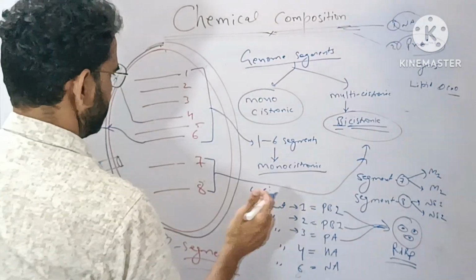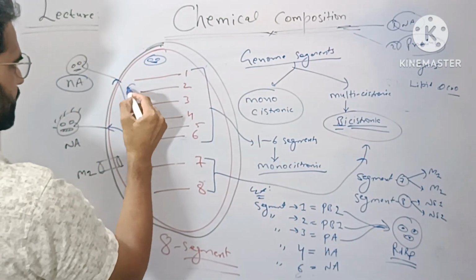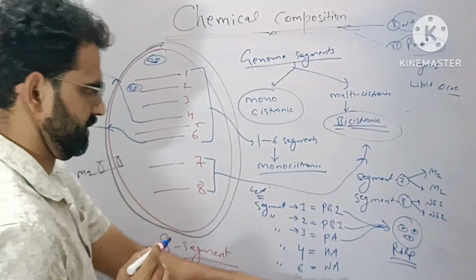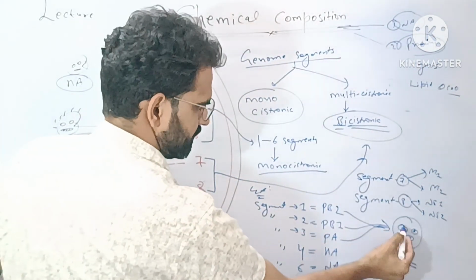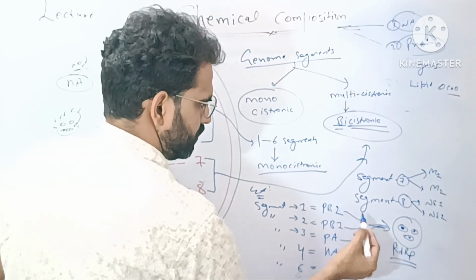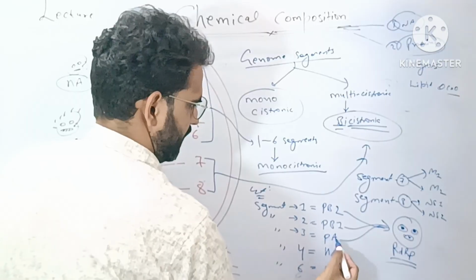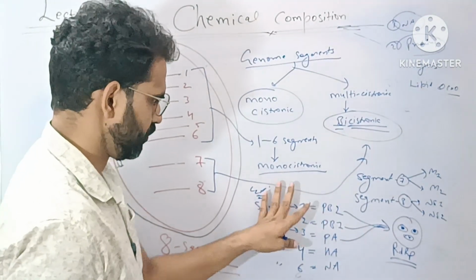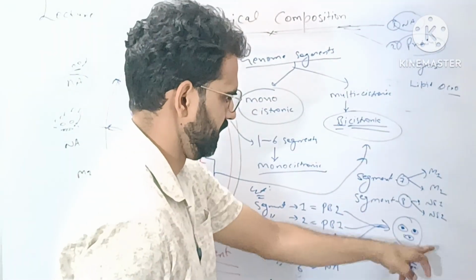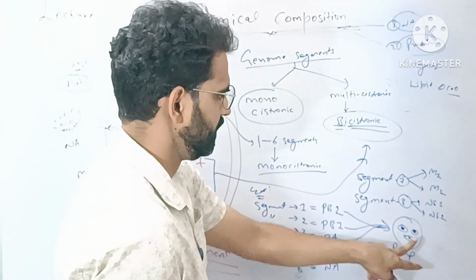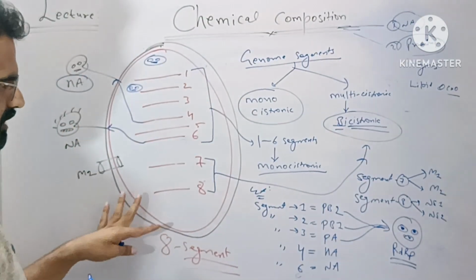So this enzyme is found in the influenza A viruses, and this enzyme is formed by 3 subunits. The first is PB2, second is PB1, and third is PA. So these monocistronic segments form 3 proteins. These proteins assemble and form the enzyme RdRp. And HA and NA, these are the peplomers.